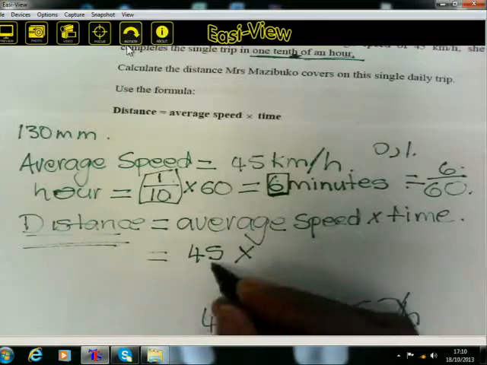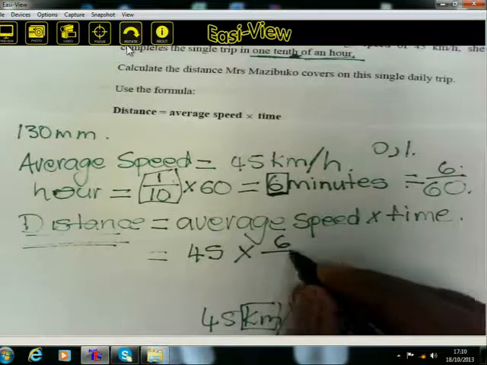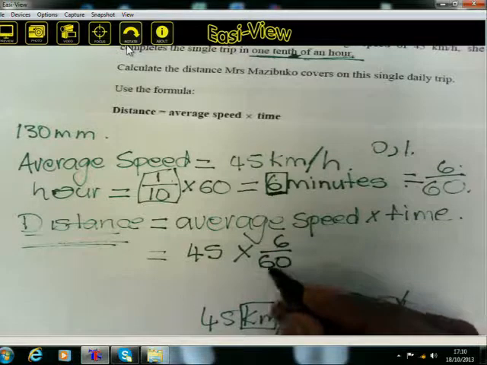Therefore, here you are going to say 45 multiplied by 6 over 60.